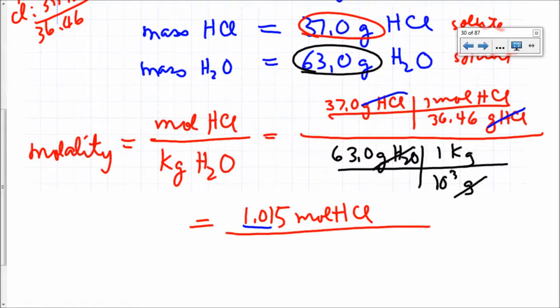Divided by, what's my denominator? 0.063, or my denominator is 0.0630 kilograms, 3 sig figs.